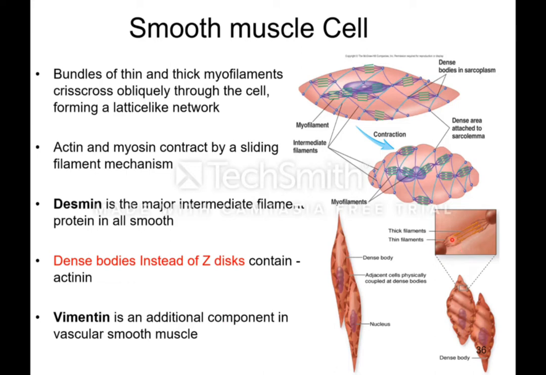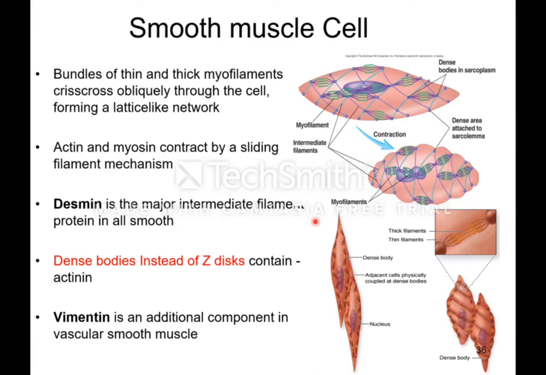As you see here, the thin or actin filaments bind to the dense body by alpha-actinin, and because the thin and thick filaments form a lattice-like network inside the cell, when they slide together, the length of the cell decreases and contraction occurs in the smooth muscle.